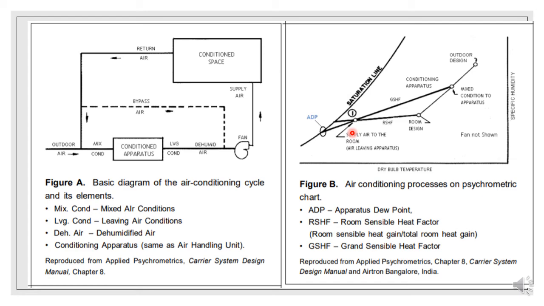Okay, and like I said before, the mixture is cooled and dehumidified along the GSHF line right down to the point on the saturation line at which air needs to be supplied in order to extract both the latent heat and the sensible heat from the room at the required rates.